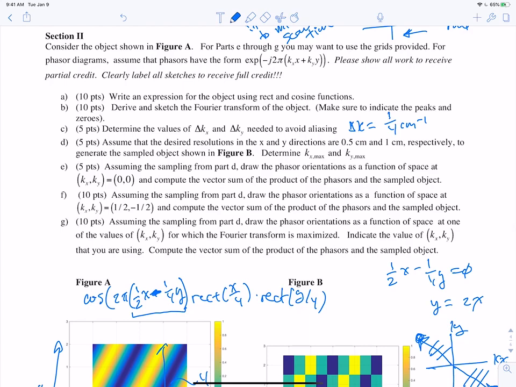So what are kx max and ky max? We know wkx is equal to 1 over its resolution, so that's 2, right? So kx max is equal to 1, right? And wky is equal to 1. So ky max is equal to 0.5.